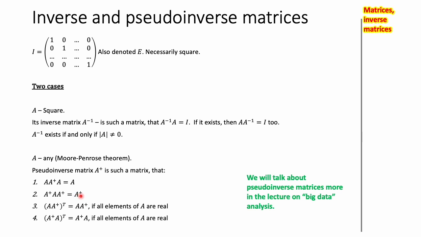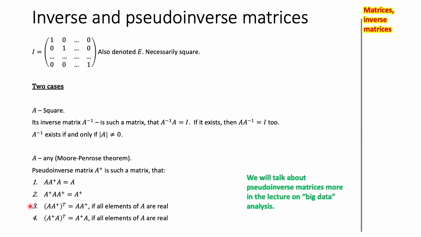So informally, it gives you an intuition that the product of A and A plus, or A plus and A, doesn't do much with the following factor. It's not a strict claim, but it helps you to see that it's indeed a generalization of the inversion of a matrix.